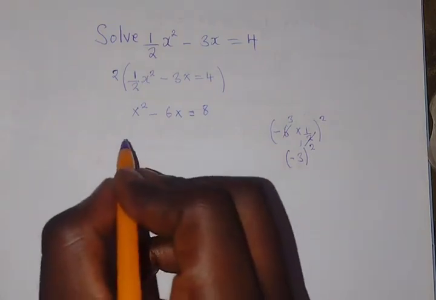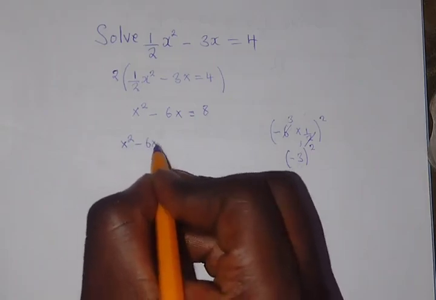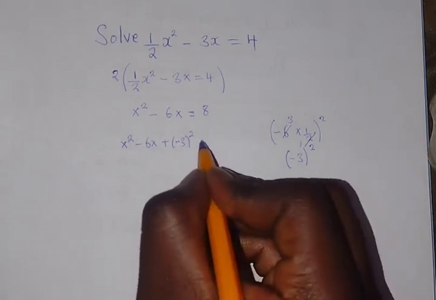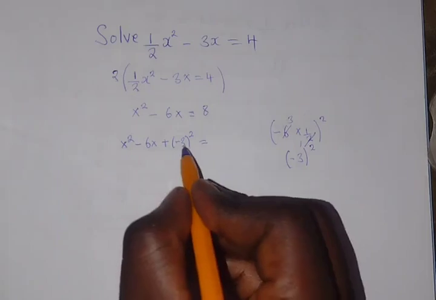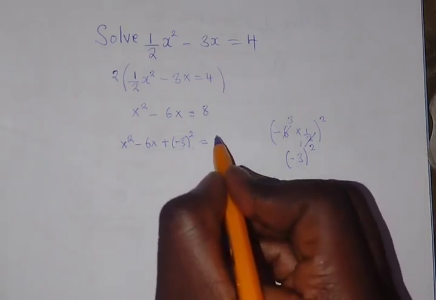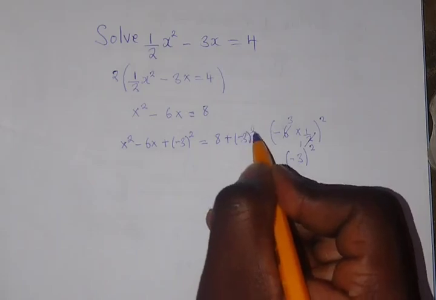So we are going to write x² minus 6x, adding -3 in brackets squared, equal to, so whatever we add on the left hand side, you should also add on the right hand side. So we have 8 plus -3 in brackets squared.